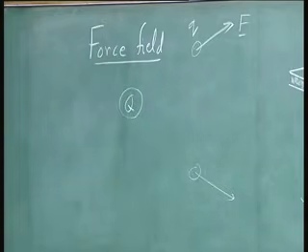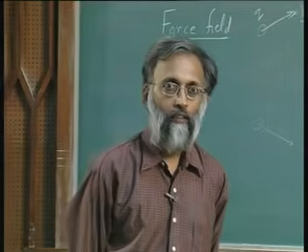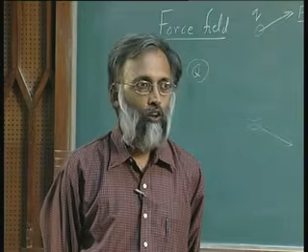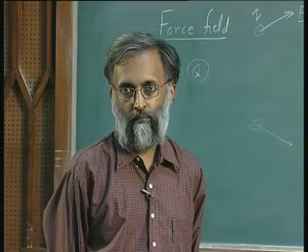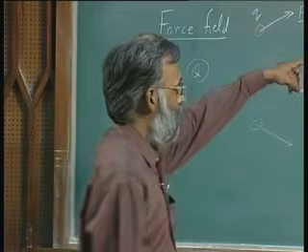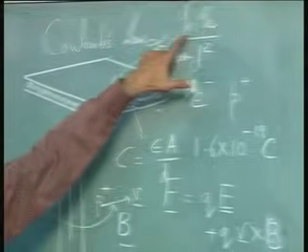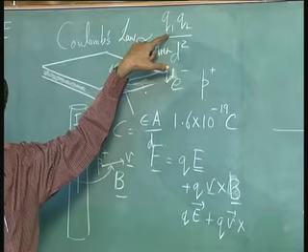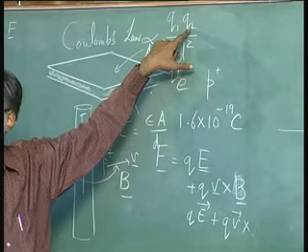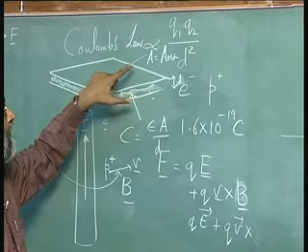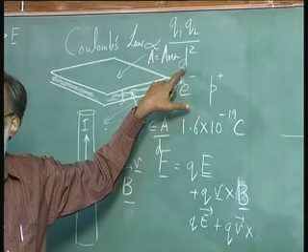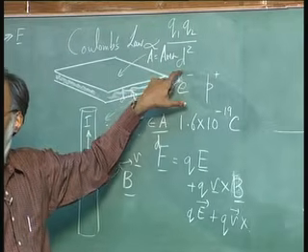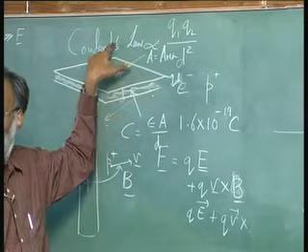So, a force field or a field in general is a quantity which is defined for all positions. So, a quantity like Q1 is not a field. Q1 is a single value, Q2 is again a single value, but when we talk about a variable distance d, this force which is a function of d is a variable, that force becomes a field.